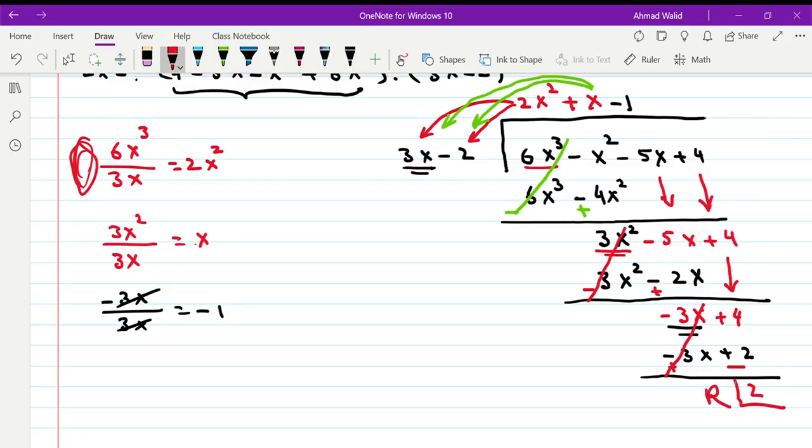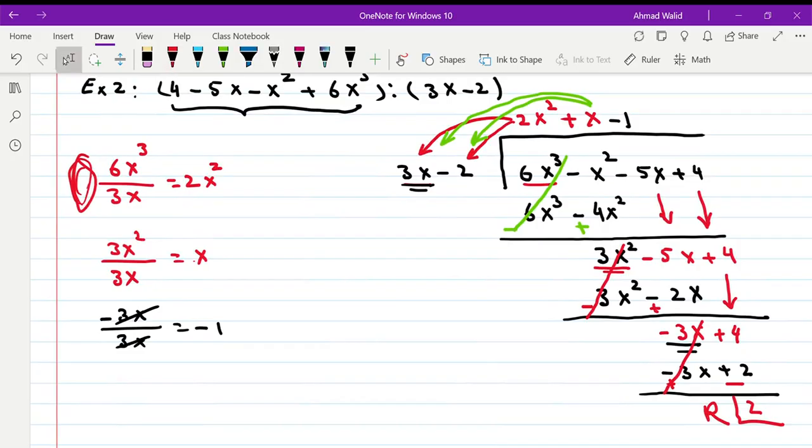Then how do you write your final answer? Write it this way. 2x squared plus x minus 1, correct? Plus whatever the sign is, here it's a positive 2, so put plus 2 over, bring this one to the denominator.